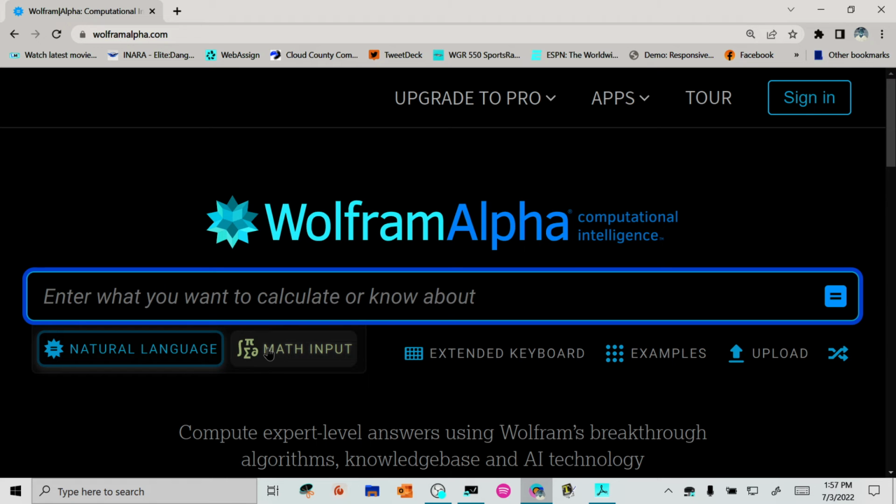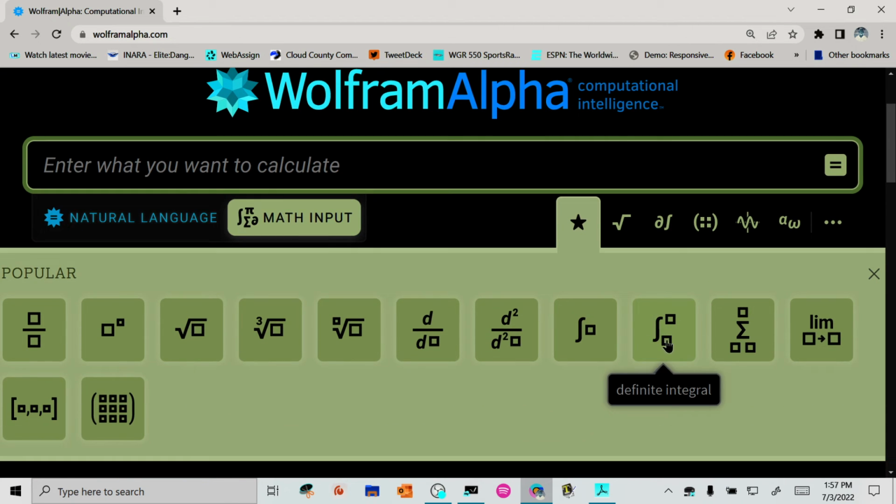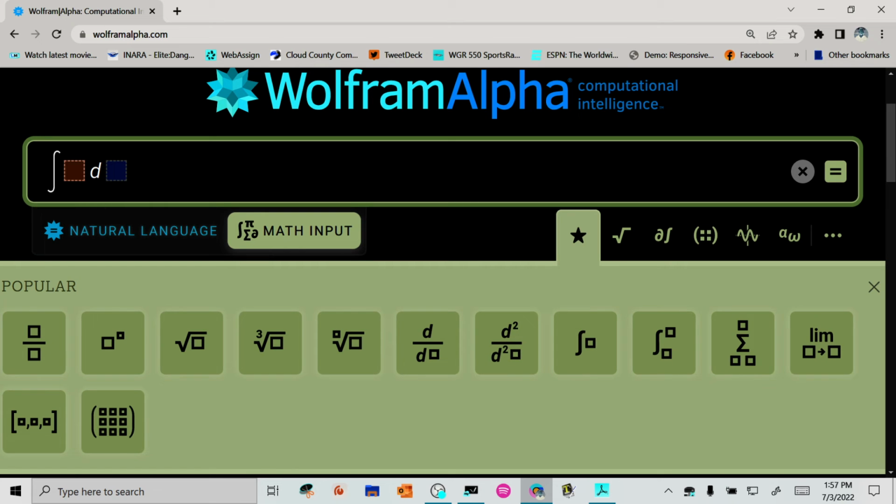You can use the math input here, and you'll see the integral symbol. This is a different symbol. We're going to get to that in chapter 13, which is the definite integral, but the indefinite integral is exactly what we want.